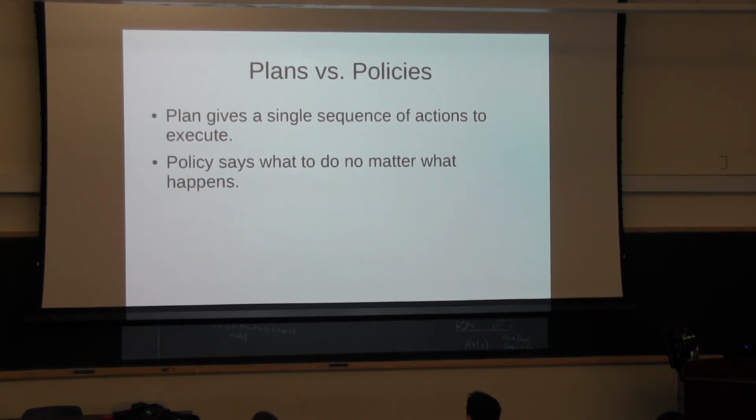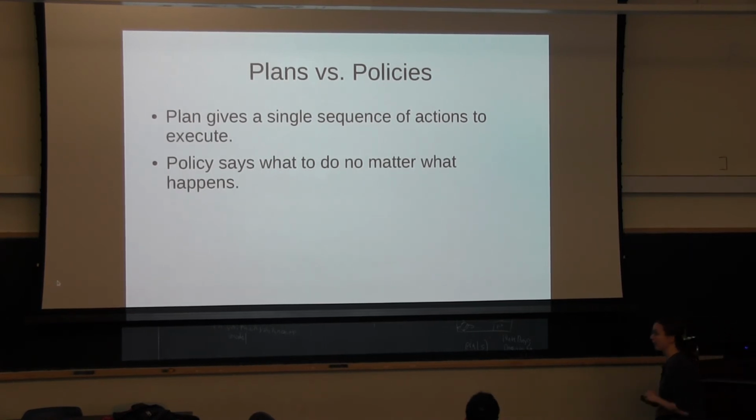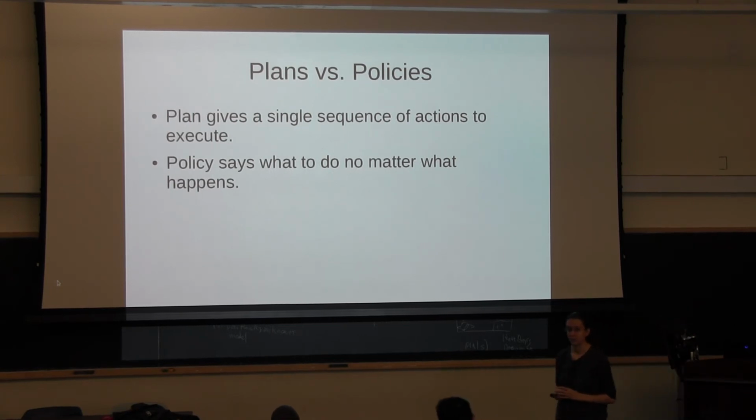Yeah, so another way of saying that is if the world is deterministic, if I assume my model's true, then I can just find a plan. I take the action, and I know that's going to lead me to the next state, and everything's going to be OK. In contrast, tell me about a policy. When would I need a policy?